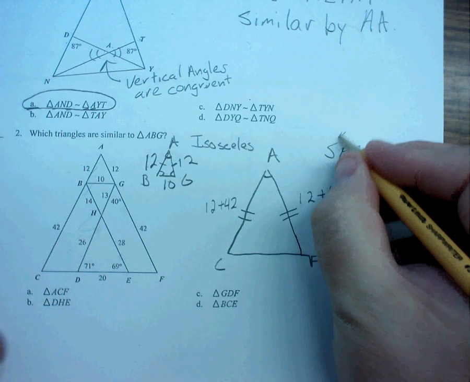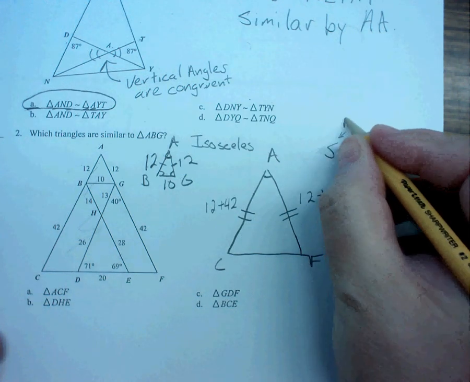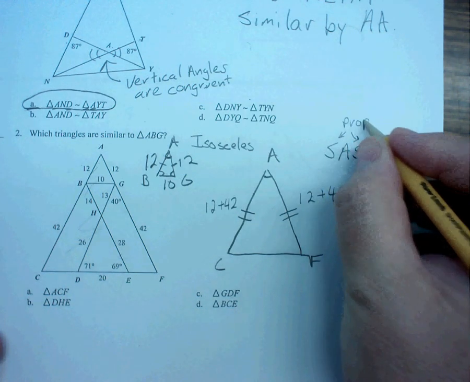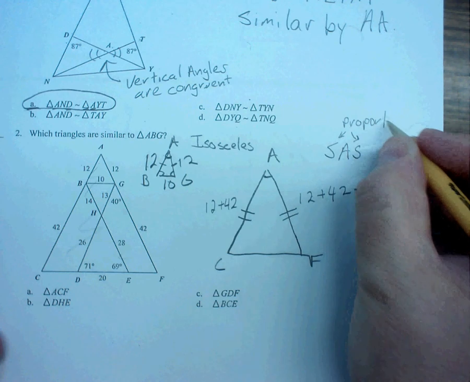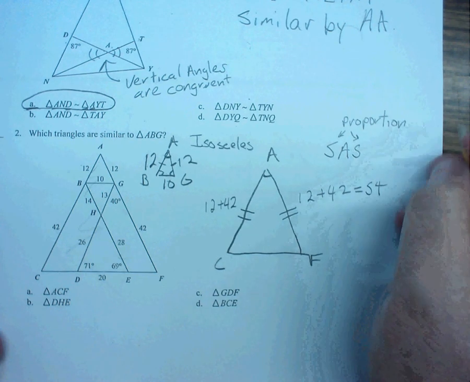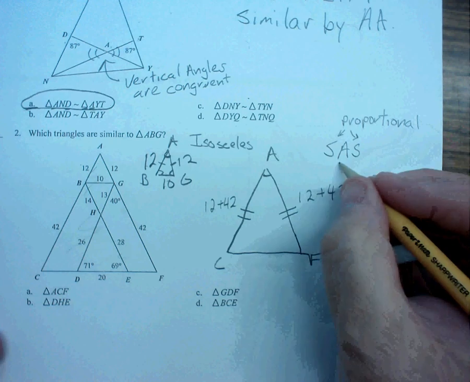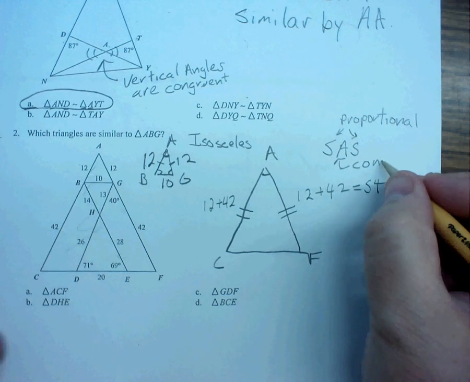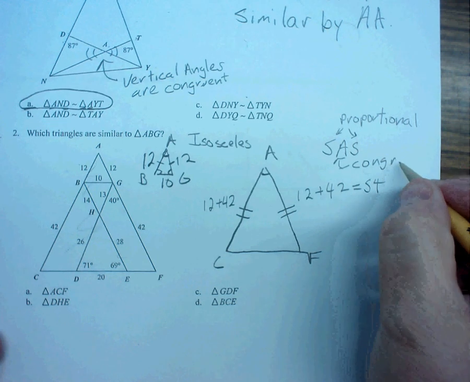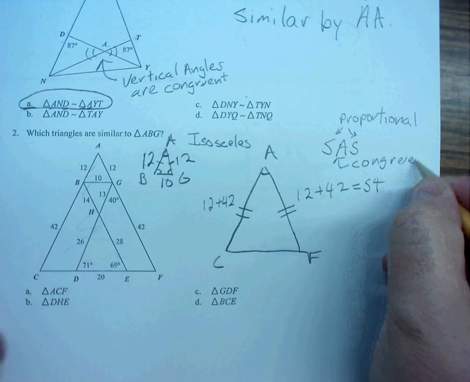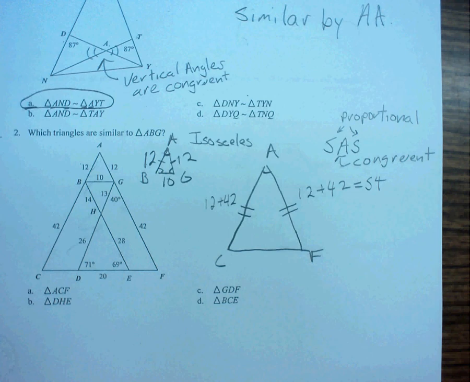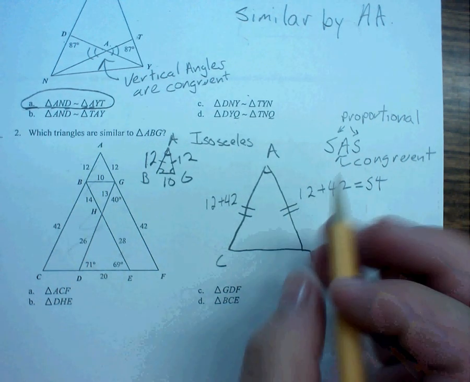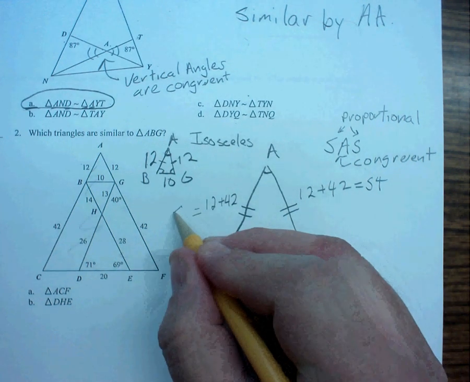In other words, if you prove that the sides are proportional, and that the angles are congruent, then you have similar triangles. And we know that they are because this is an isosceles triangle.